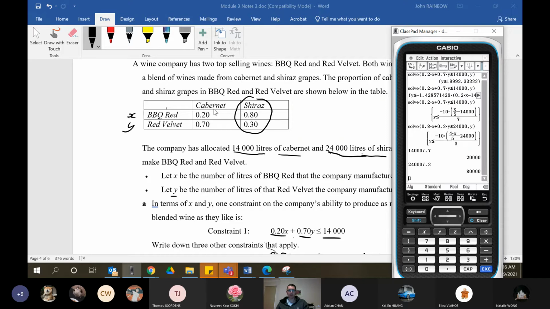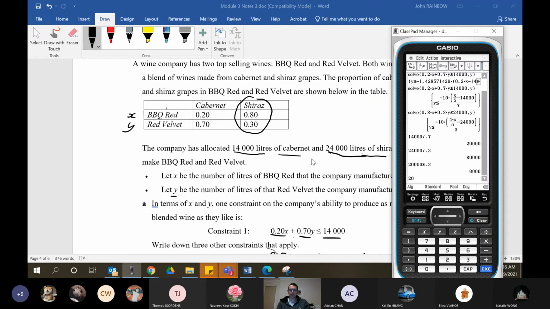The amount of Shiraz that you would actually use would be 20,000 bottles times 0.3, because you'd make that many. So you'd use 6,000 litres of your Shiraz.